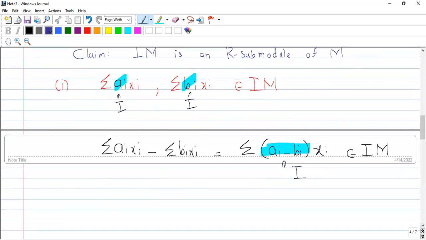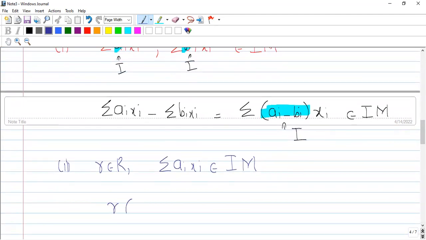Now for the second part, if r is an element of R and summation of a_i x_i is an element of IM, then I will multiply r with this combination. This combination could be written in this way.